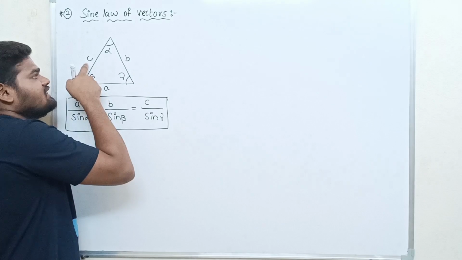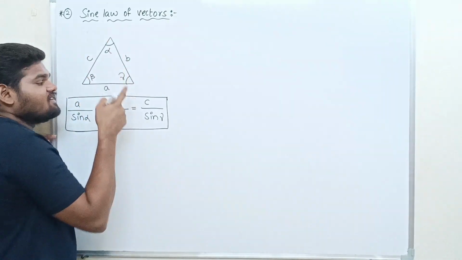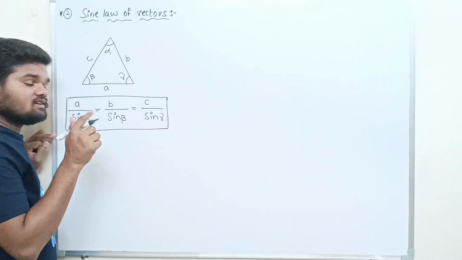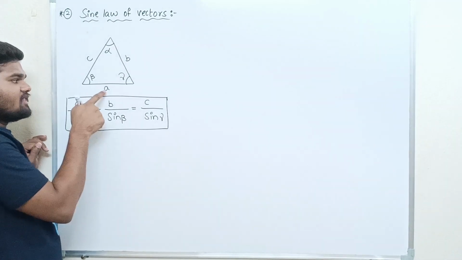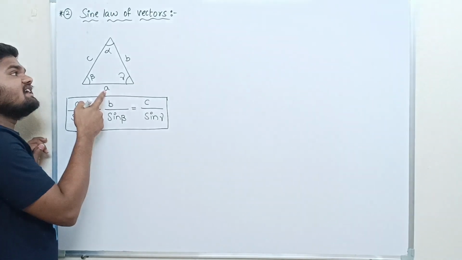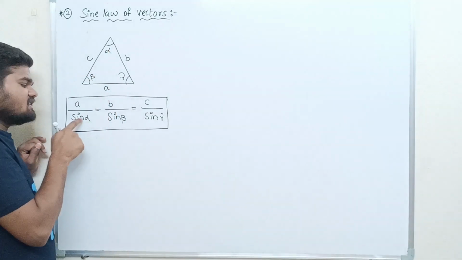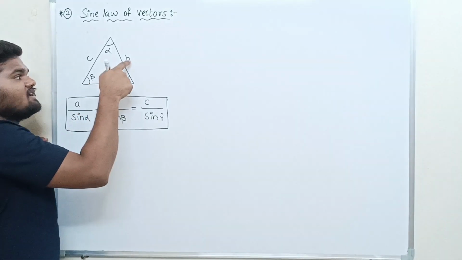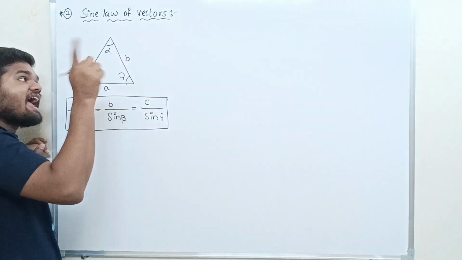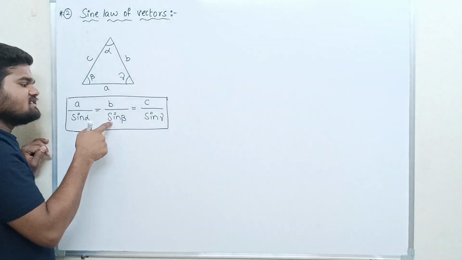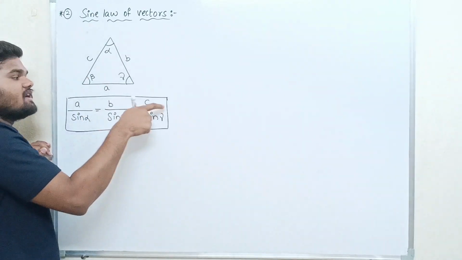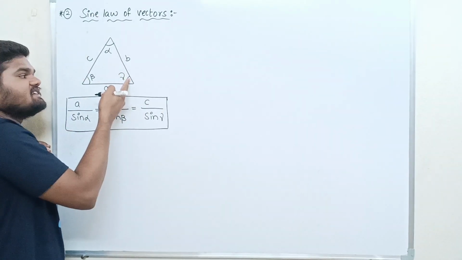That is equal to C divided by what is the opposite angle for side C?